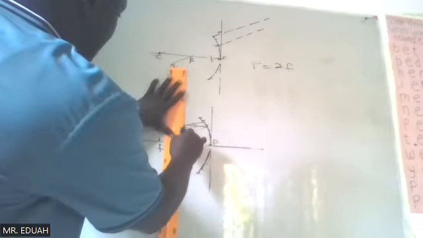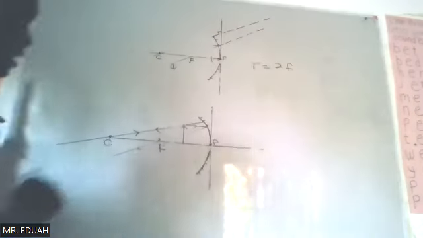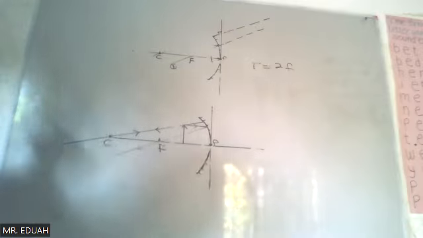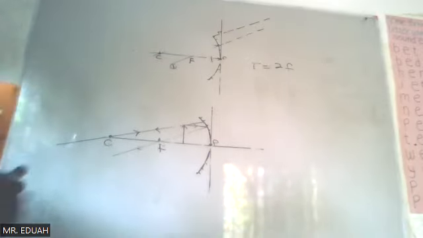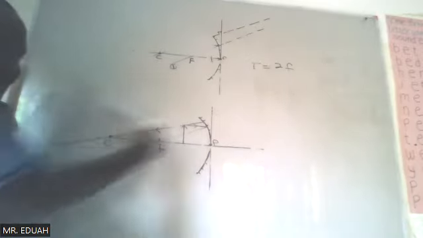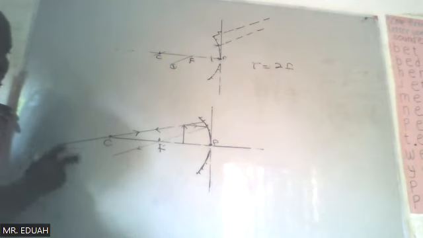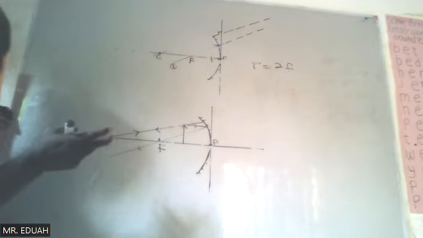So I'm drawing the rules. Now you could see that the reflected rays, in front of the mirror as they travel, are becoming more diverged. And so the chance of them meeting in front of the mirror is 0.